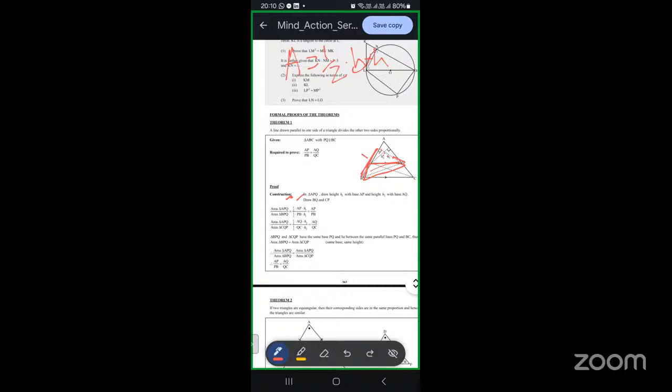So it's going to be half times the base of that triangle, which is now PB, times the perpendicular height H1. After you substitute that, the H is the same, the halves cancel each other, and you are left with AP over PB.